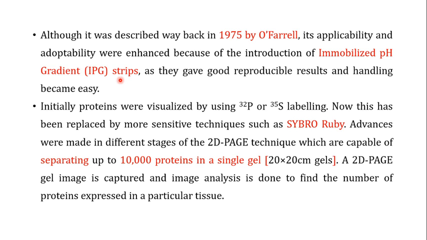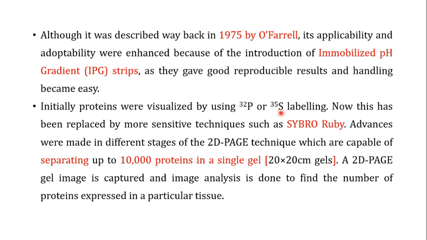Another important advance made in the 2DE is that initially the proteins were visualized by using radioisotopes of phosphorus and sulfur, and it is the radioactivity that can be damaging to the individual dealing with these samples.